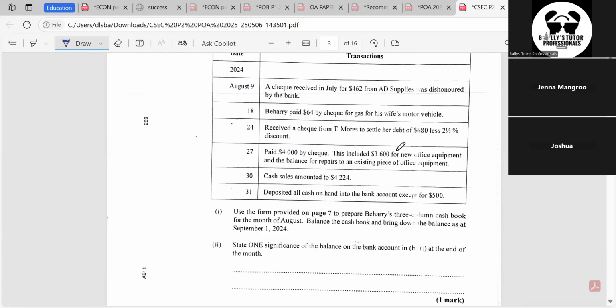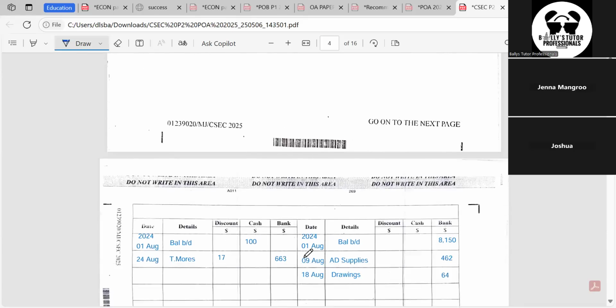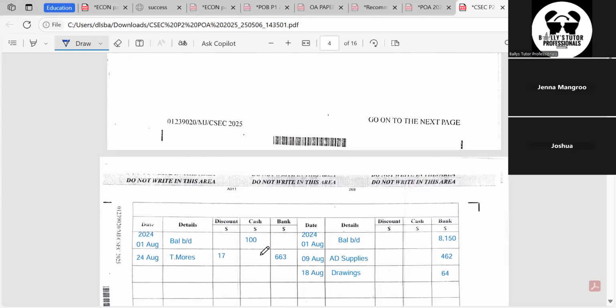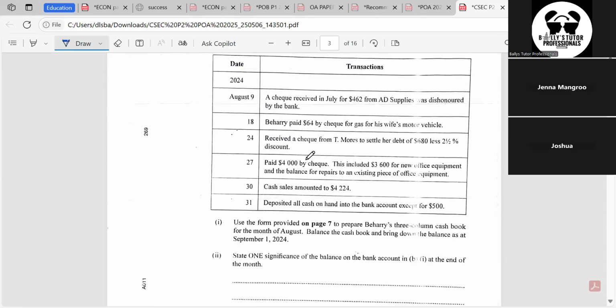But this is not your office equipment account. This is the cash book. So we're looking at whether your cash or bank money is increasing or decreasing. If it's increasing, if you're getting money, it goes on the debit side. If it's decreasing, you're spending money, it goes on the credit side. So if you're spending money to buy equipment and to do repairs, then it's going on the credit side.